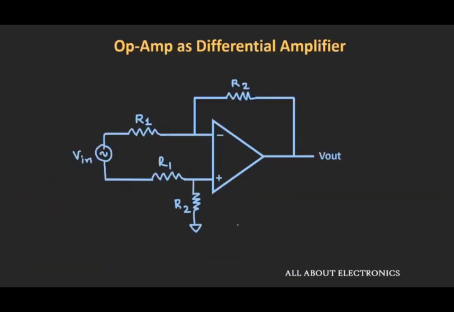Or in general terms, let's say if you are applying the input voltage between the two ends, then in this case the input impedance Zin will be equal to 2 times R1. So as you can see here, the input impedance of this differential amplifier is very low, and because of that it is quite possible that your source might get loaded.